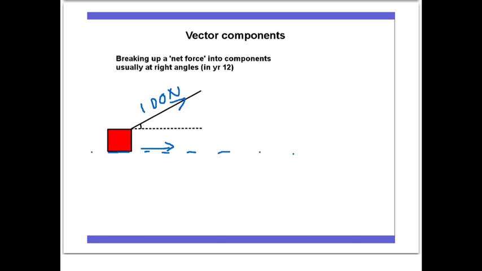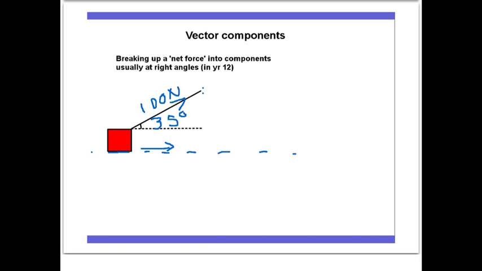What is the force that's actually sliding along? What force is actually along this bit here, dragging it along the floor? What's the horizontal component of that force? It's at 35 degrees to the horizontal. So the horizontal component of that force will tell us something about the frictional force between the box and the floor.